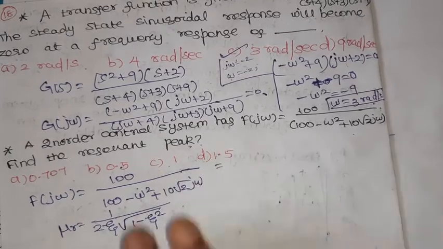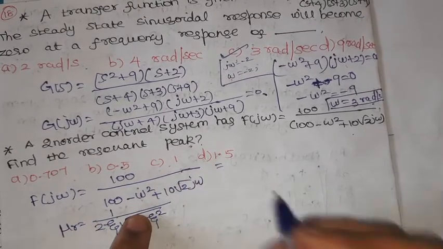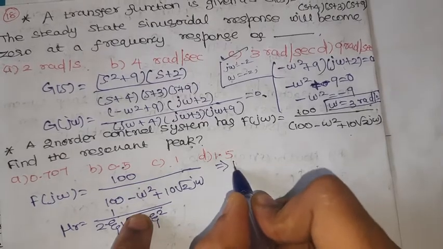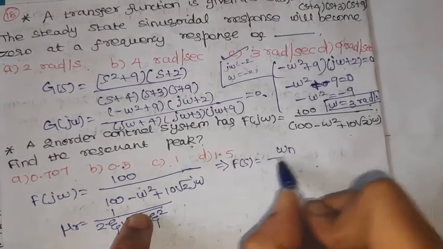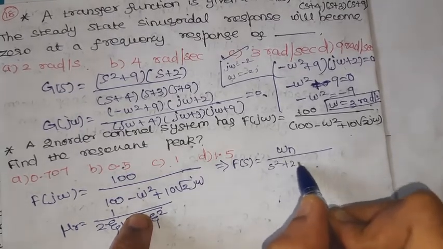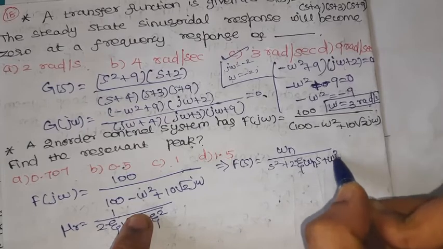Compare this with the standard second order transfer function. In case of F(s), it is omega n squared divided by s squared plus 2 zeta omega n s plus omega n squared.